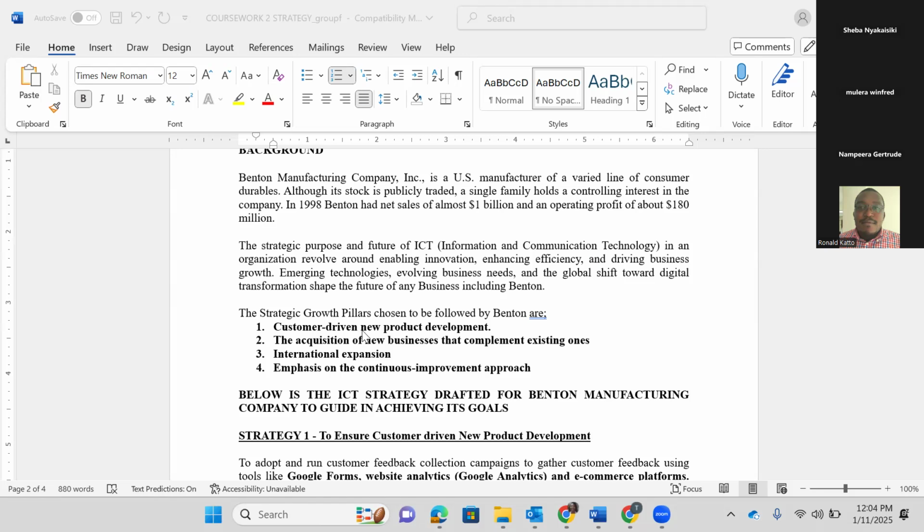They talked about focusing on customer-driven new product development, acquisition of new businesses that complement existing ones. Their goal is also to ensure that there is international expansion and then emphasis on continuous improvement approach.